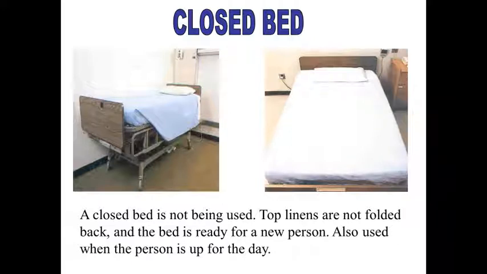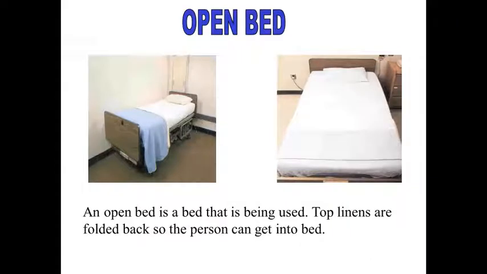A closed bed is not being used. Top linens are not folded back, and the bed is ready for a new person, also used when the person is up for the day. An open bed is a bed that is being used. Top linens are folded back, so the person can get into bed.